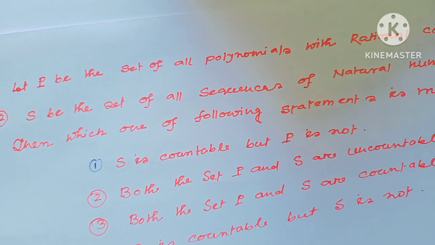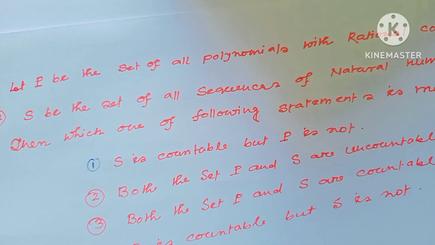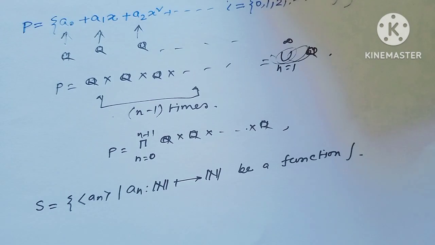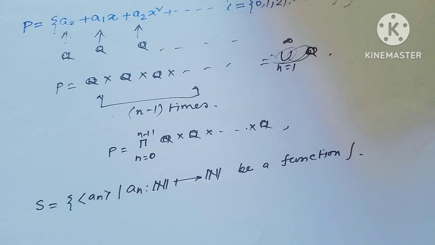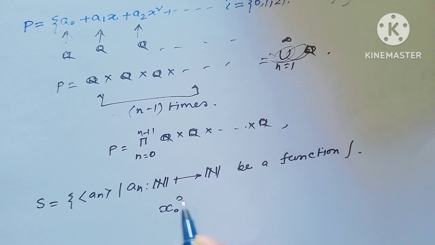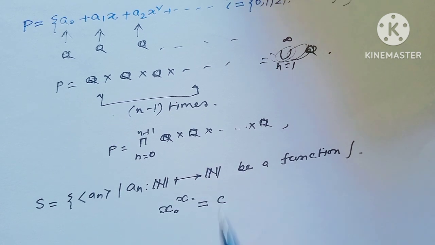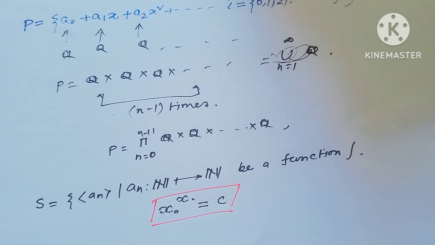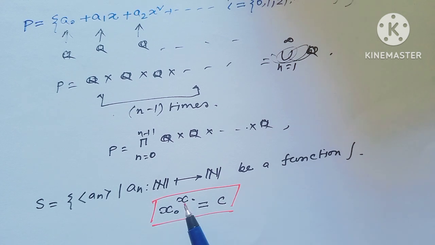Is it a countable set? Here S is the set of all sequences of natural numbers, that means S equals those a_n such that a_n is a function from N to N. Therefore, the cardinality is aleph naught to the power aleph naught, which is nothing but the continuum C. We all know a sequence is always defined from natural numbers to natural numbers, and obviously a sequence is a function.